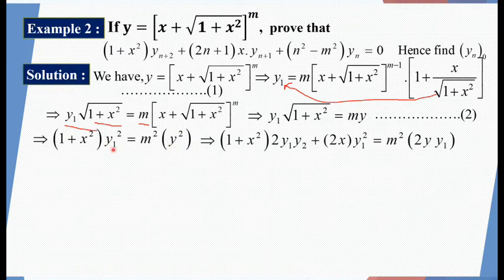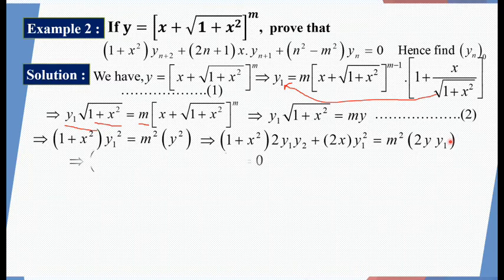When we differentiate it, first function as it is, 1 plus x square. Differentiation of the second function y1 square is 2y1 into y2, plus y1 square as it is, differentiation of 1 plus x square is 2x, equals to m square, differentiation of y square is 2y into y1. Now each term contains 2y1.